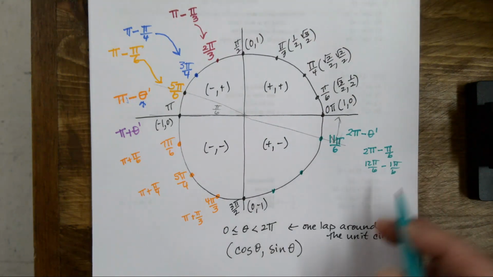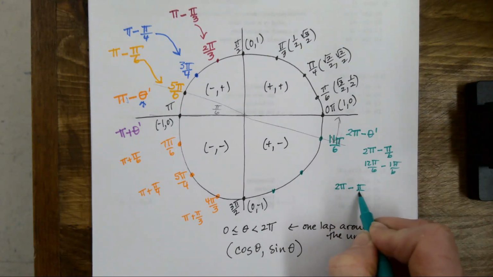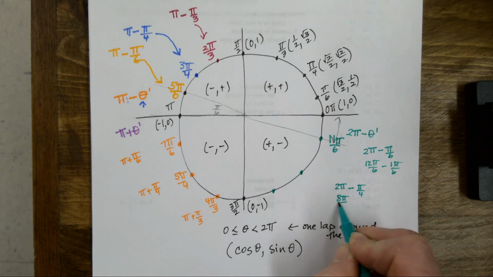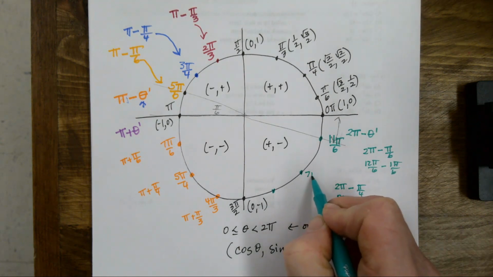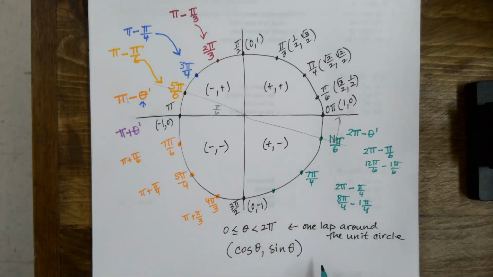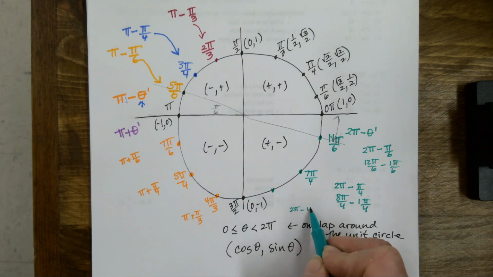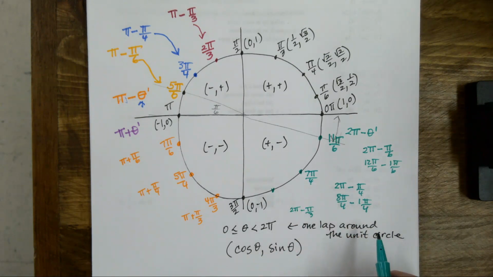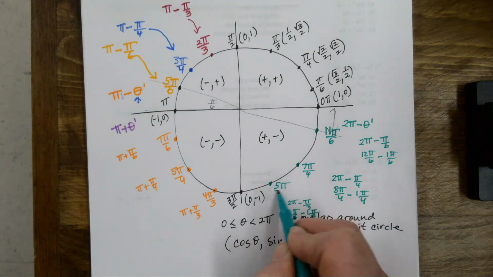So my next one is 2 pi minus pi over 4, which is 8 pi over 4 minus 1 pi over 4, or 7 pi over 4. And then the pi over 3, 2 pi minus pi over 3, which is 6 pi over 3 minus 1 pi over 3, or 5 pi over 3.